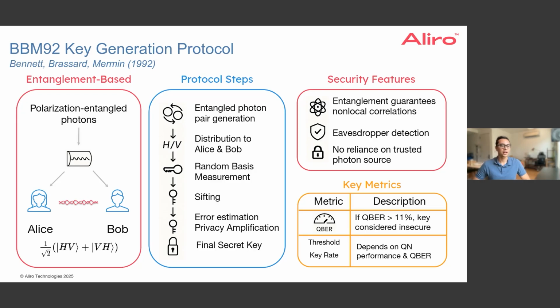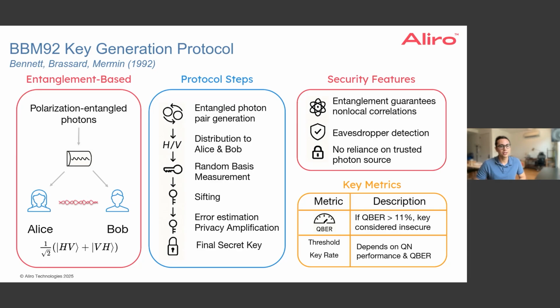This is a very important metric for how we actually look at these networks in terms of performance and in terms of security. So Alice and Bob need to actually exchange some and sacrifice some of their raw key material in order to estimate this level of error, right? So even when Alice and Bob do agree on basis, how often did they actually correspond to what they expected versus how much error was present?